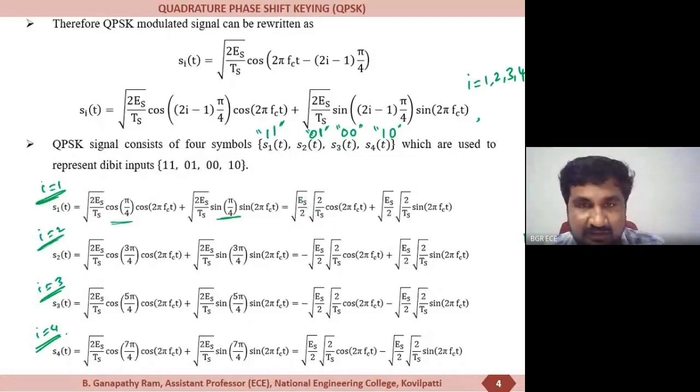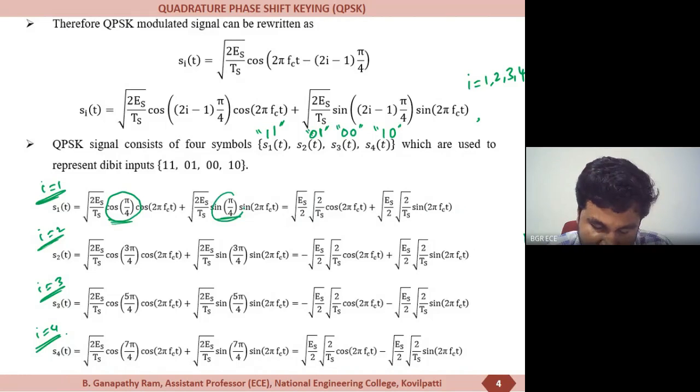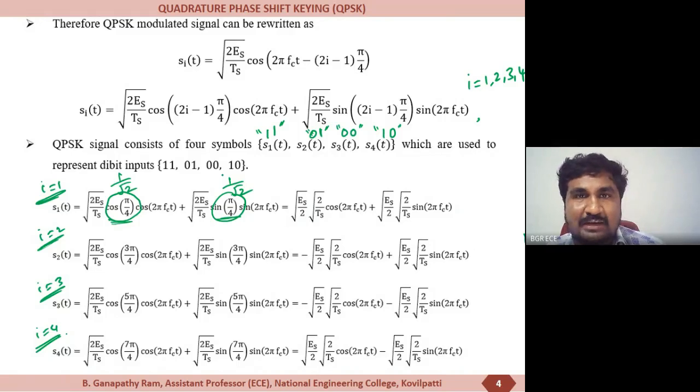Hence we can write square root of ES by 2 multiplied by 2 by TS into cos 2 pi FCT plus square root of ES by 2 multiplied by square root of 2 by TS sine 2 pi FCT. That means these two values will become 1 divided by square root of 2. And we are having square root of ES, so we are taking the square root of ES as common along with 1 divided by square root of 2. Hence, the equation can be written like this.